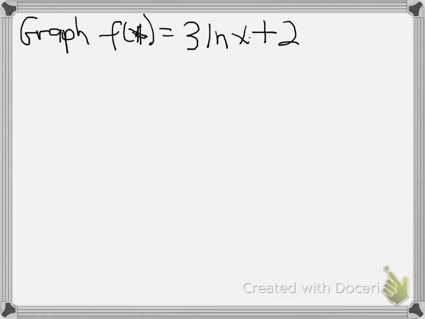Okay, this is our last graphing example. It's f of x is equal to 3 ln x plus 2. First thing we're going to do is find our parent. If you recall from the last two examples, we said that the parent is going to be in the form log base b x is equal to y.